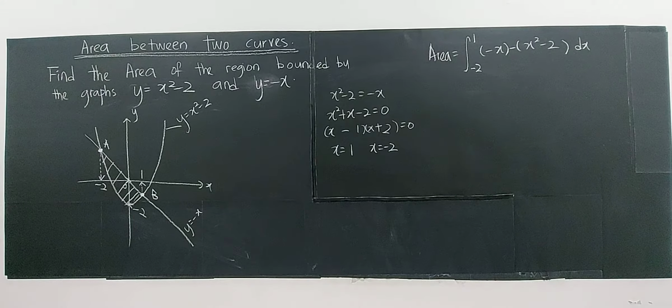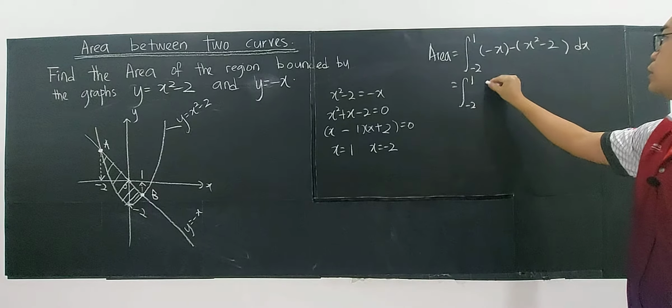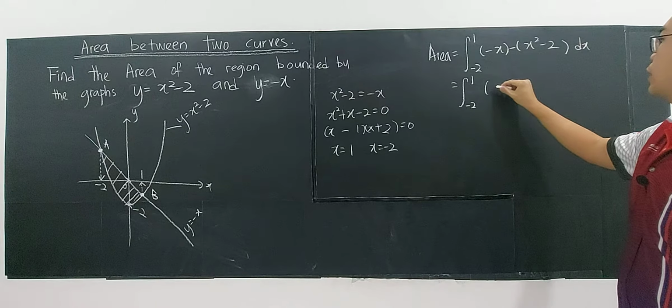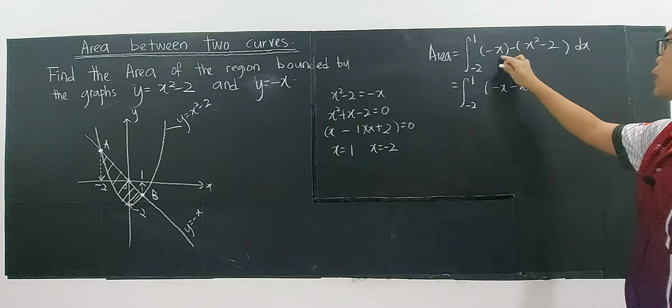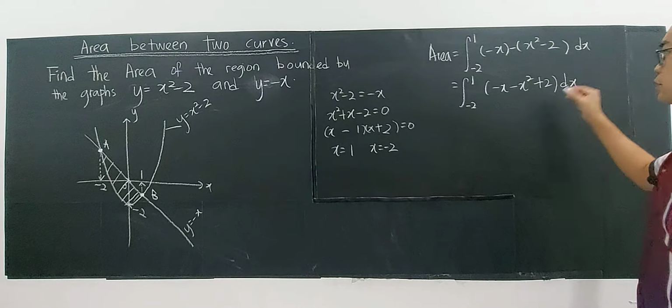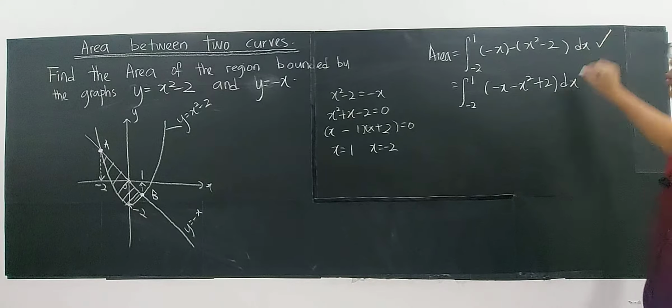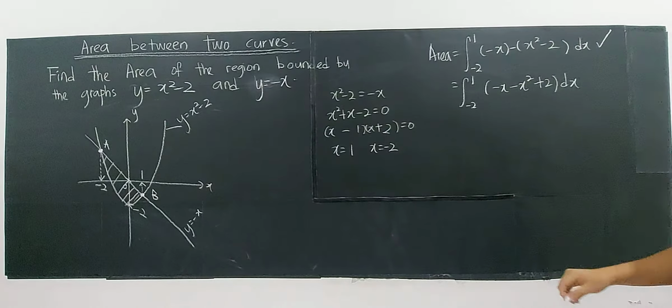Then you just integrate and find the area from negative 2 up to 1: negative x, minus x squared, plus 2, dx. But the most important thing is that you get your idea here from the graph.